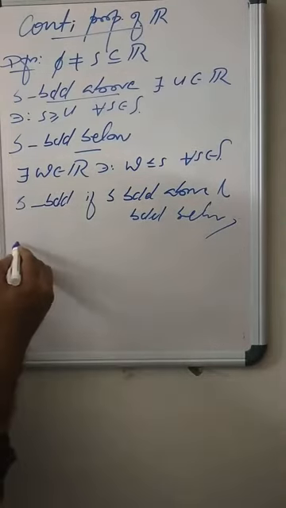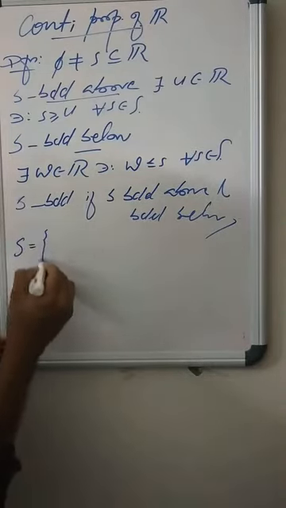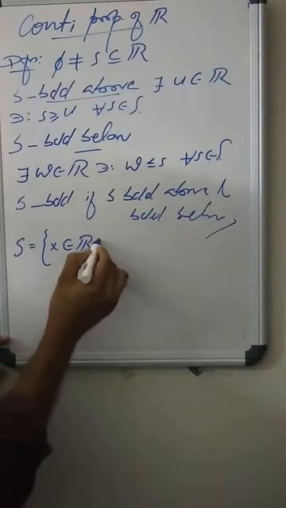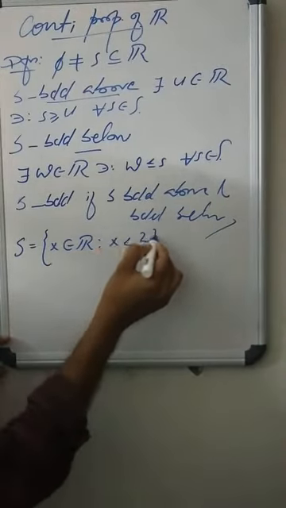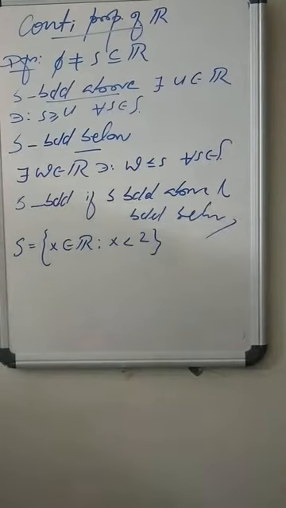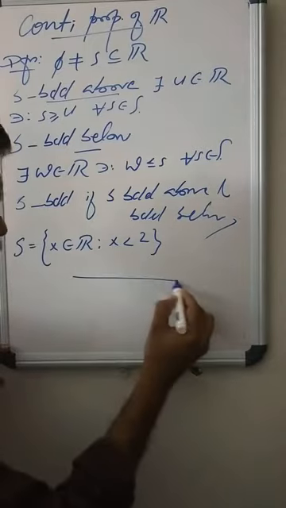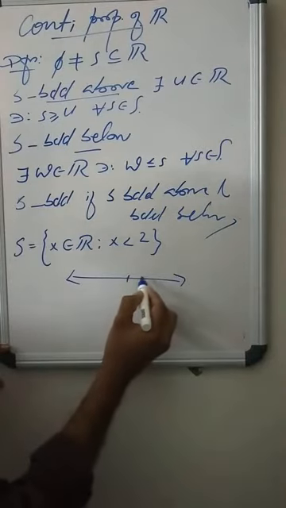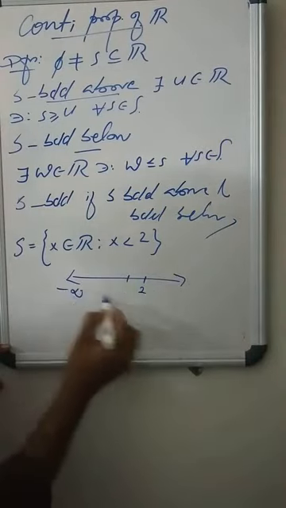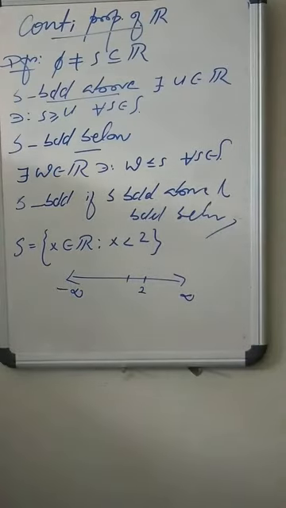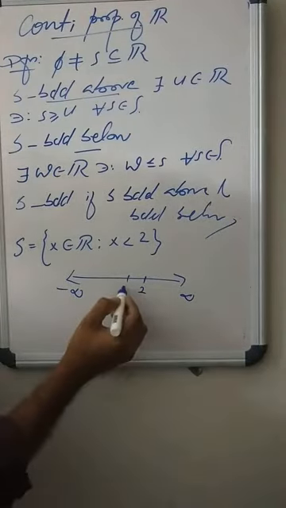So for example, consider the set S equals the set of all x in R such that x is less than 2. On the number line, from minus infinity to plus infinity, this is the point 2.